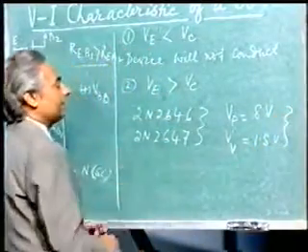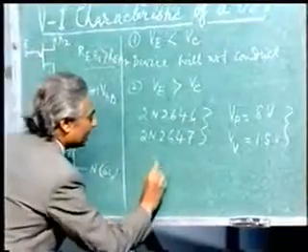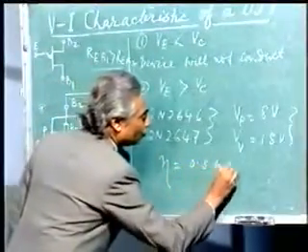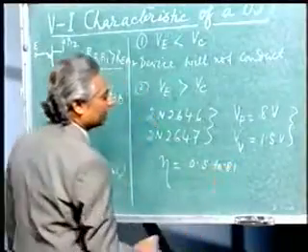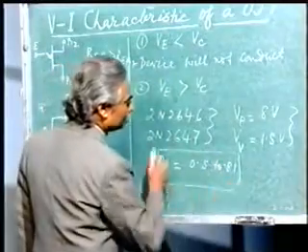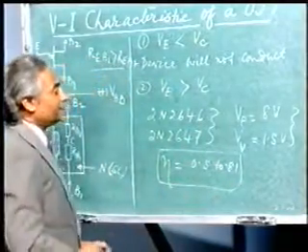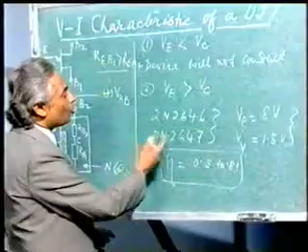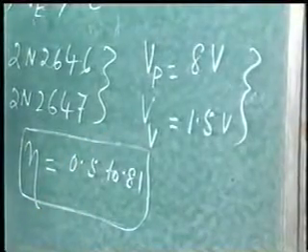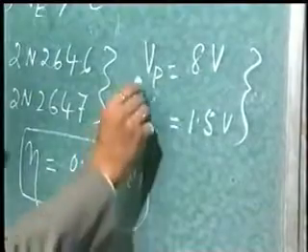And for them the intrinsic standoff ratio eta is about 0.5 to 0.81. This is normally the value for this UJT, either 2N2646 or 2N2647. Valley point voltage is 1.5 volt, whereas peak point voltage is 8 volts.